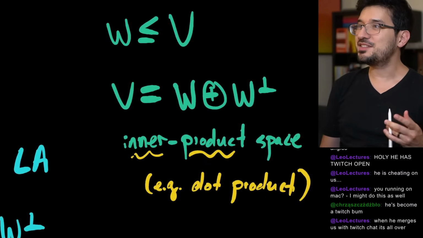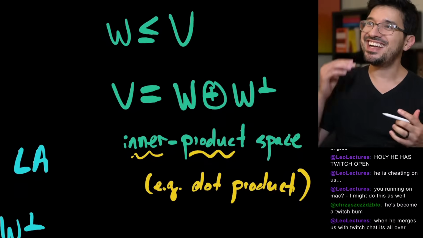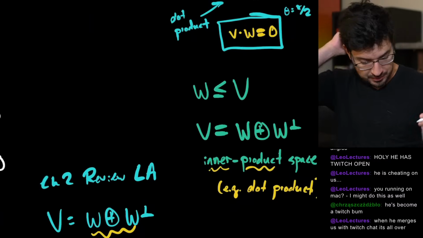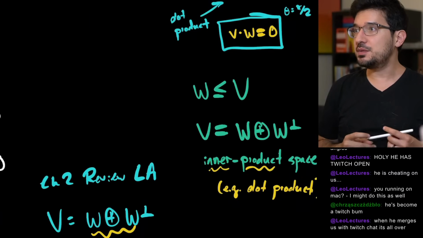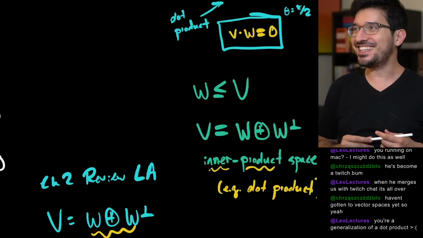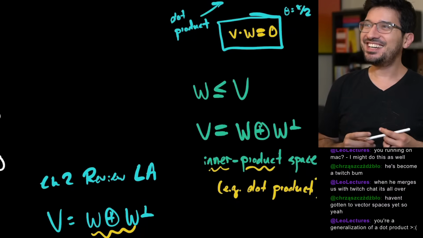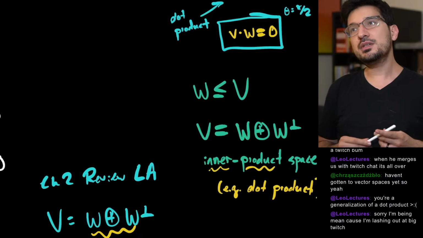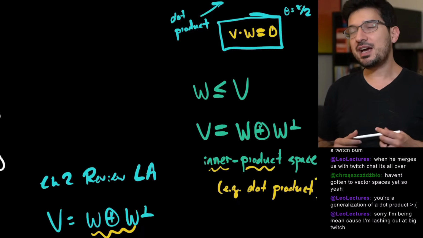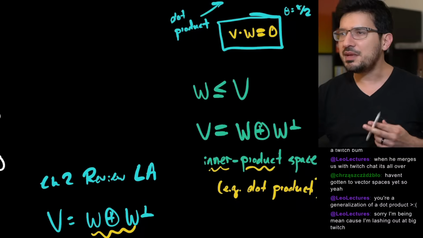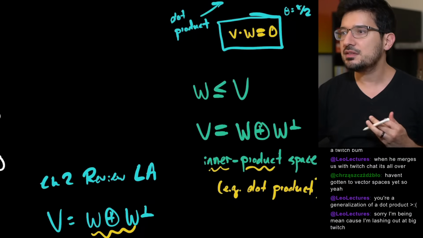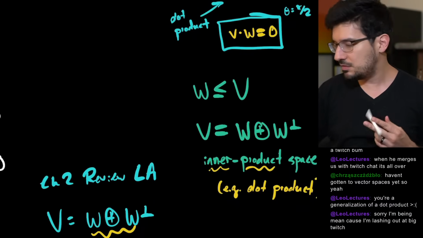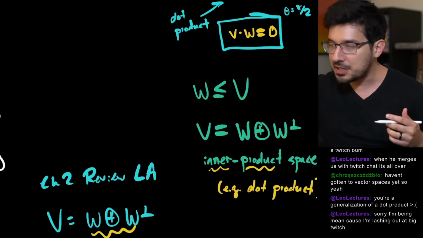When he merges us with Twitch chat, it's all over. Yeah, yeah. So, yeah, you haven't gotten yet to a generalization of a dot product. What was I gonna say? No, it's funny. You're lashing out at Big Twitch. Oh, you recommended Schnaf. Yeah, I'm a big fan of Schnaf, dude. One of these days, maybe today, I might raid Schnaf. We used to raid each other all the time. Years ago and during the pandemic.